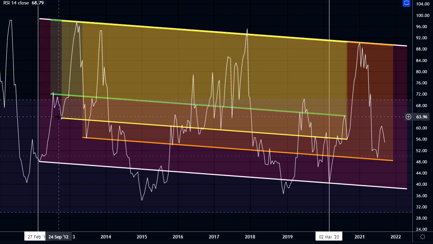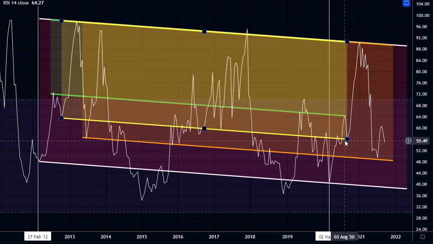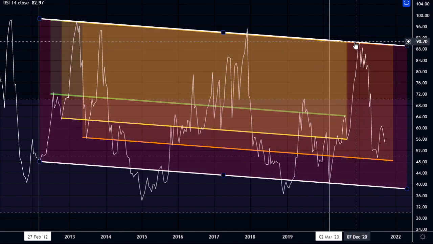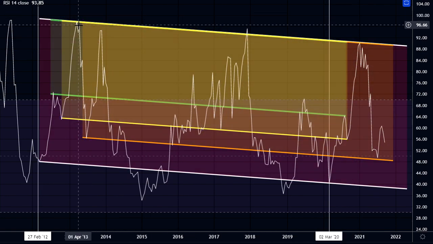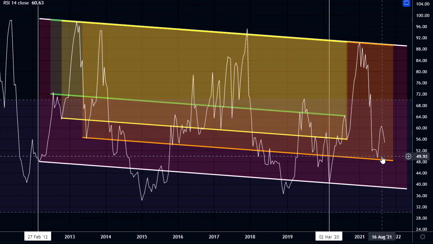Then we did have a pullback, and this yellow line lines up with the pullback in the current cycle. And then we had this massive run up to the mid-cycle peak, quite similar to what we had in the current cycle. And then of course we had a big pullback mid-cycle, and this orange line marks the bottom, and going across here we had this mid-cycle pullback.